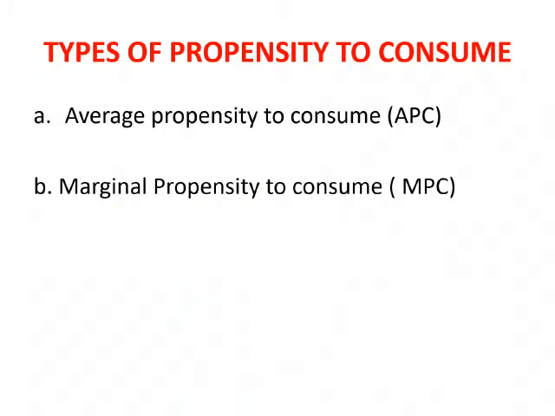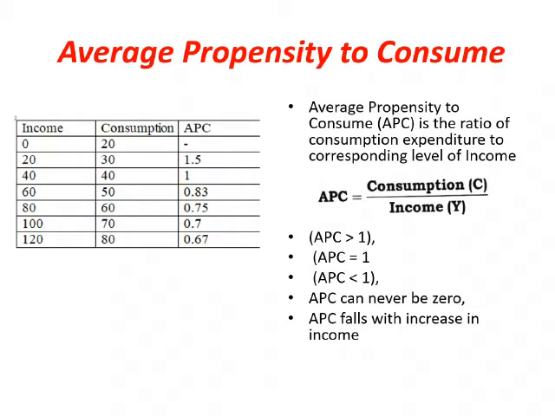There are two types of propensity to consume: average propensity to consume and marginal propensity to consume. Average propensity to consume is the ratio of consumption expenditure to the corresponding level of income, C upon Y. You can see in the table, income is 20, consumption is 30, APC is 1.5.